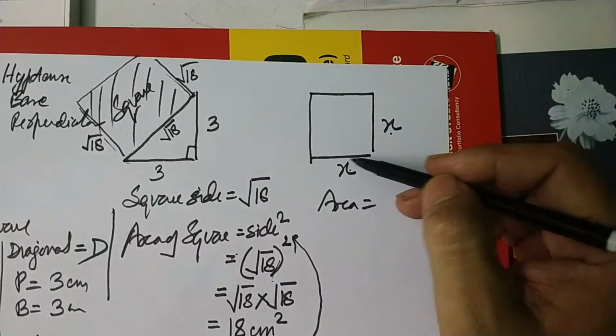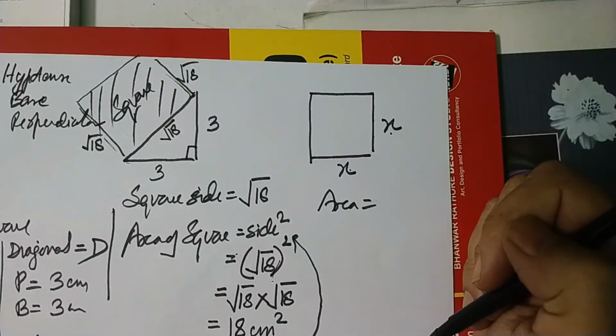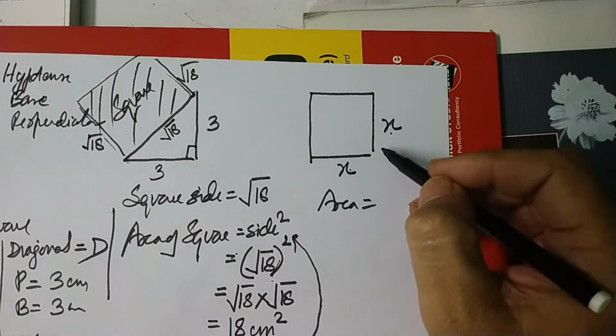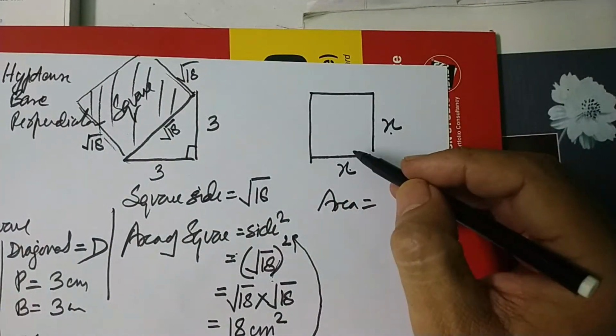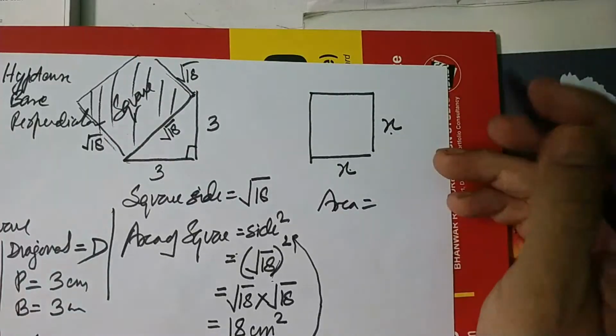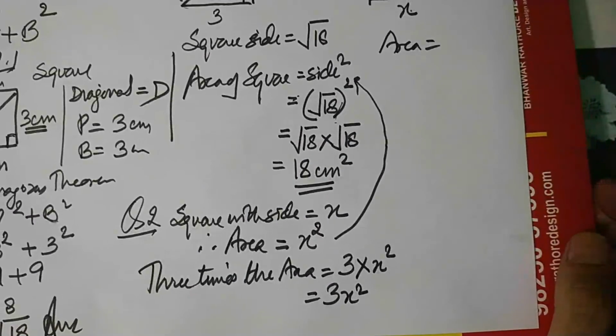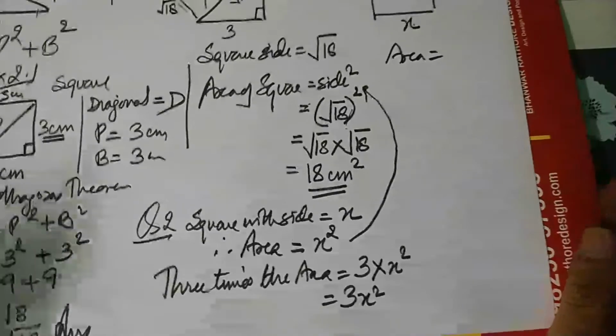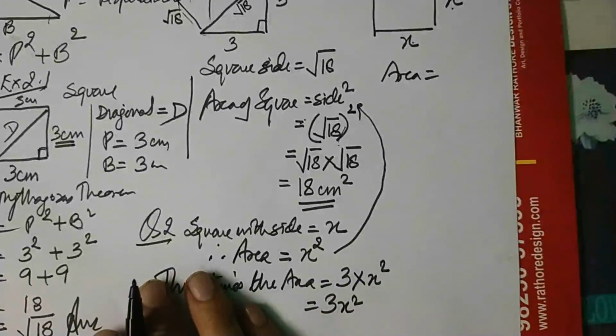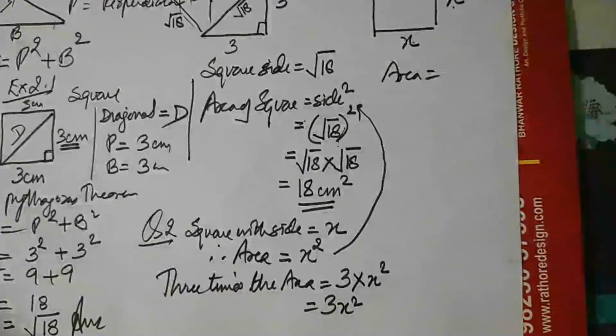It will give you the diagonal, isn't it? Now if I make this square 3 times, then everything should become 3 times. So the question says, is it possible or is it not possible? Now check whether the area is 3 times or it is not 3 times.